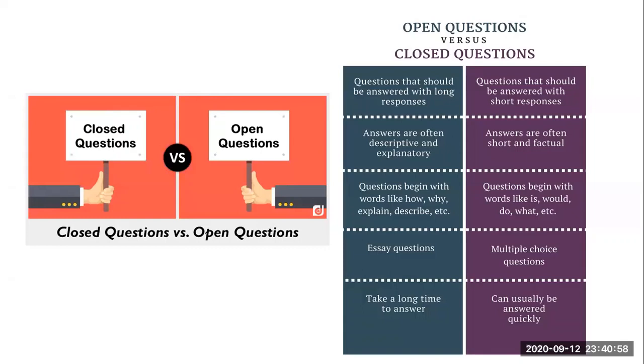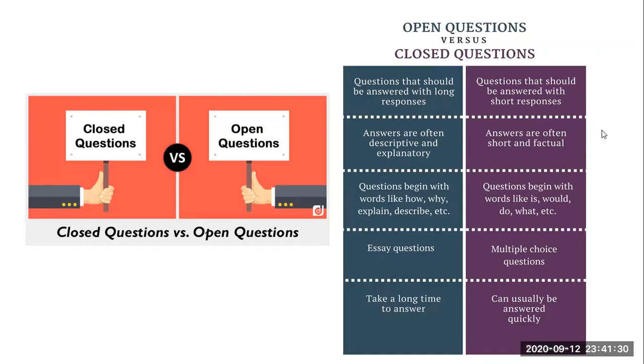Okay, so on the left we have this green color. These are going to be the characteristics of open questions, as we can see here, green and green. And on the right, in purple, we have the characteristics of closed questions. So we're going to read one by one. Green for open, purple for closed.